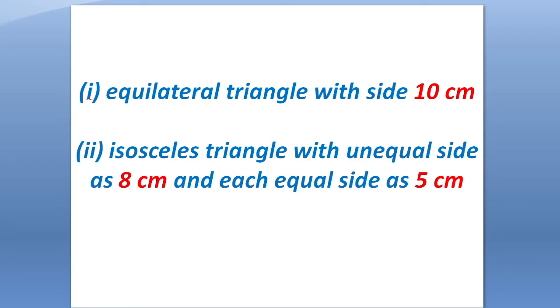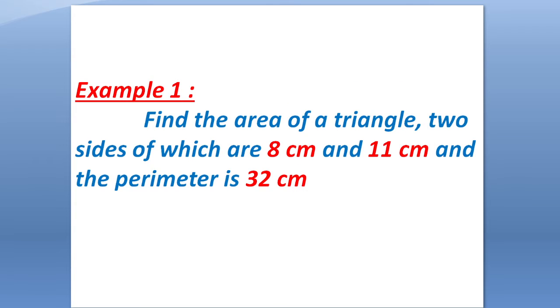Okay, so up to here we completed in our last period. Now next, example number 1. Find the area of a triangle, two sides of which are 8 and 11 and perimeter is 32 centimeter.